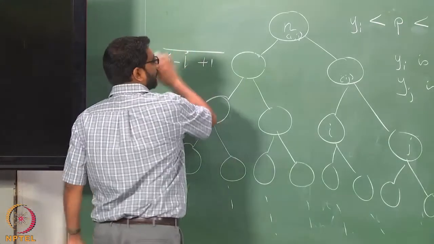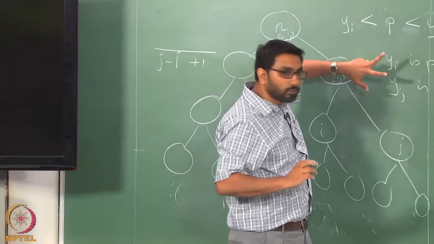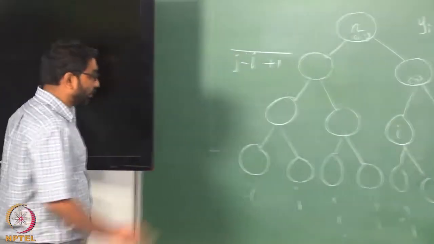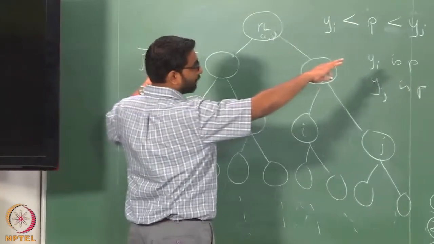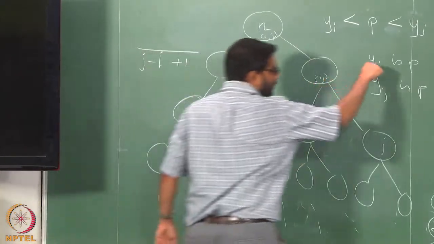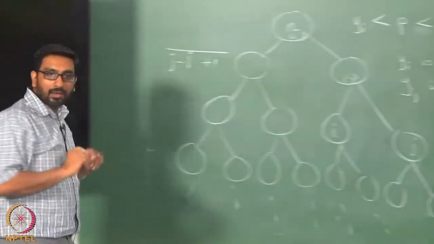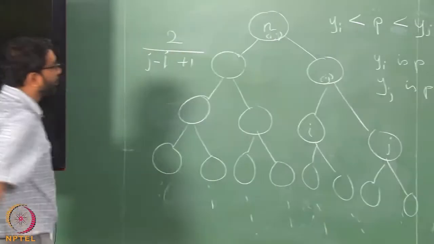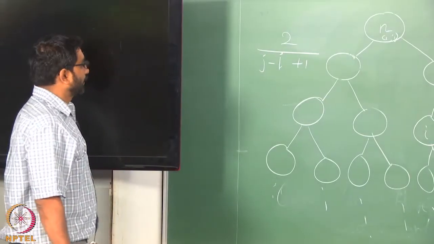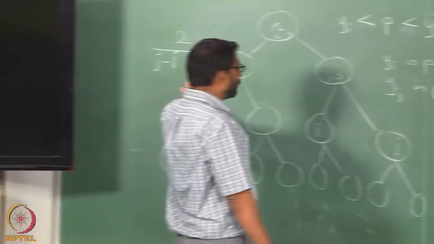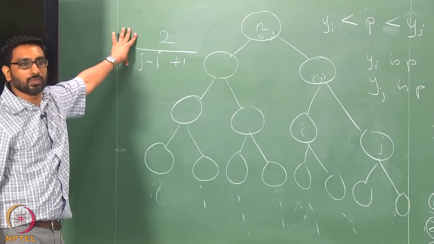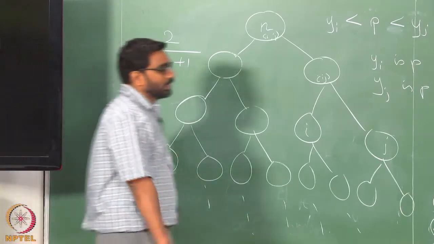Out of them, there are two elements which, if chosen as the pivot, imply that Yi and Yj will be compared: either Yi or Yj. So this is the probability with which Xij is equal to 1, and it's going to be 0 otherwise. So we can write that up here.